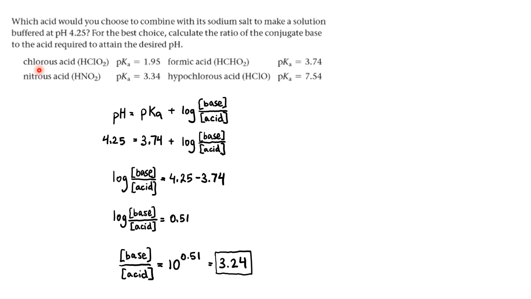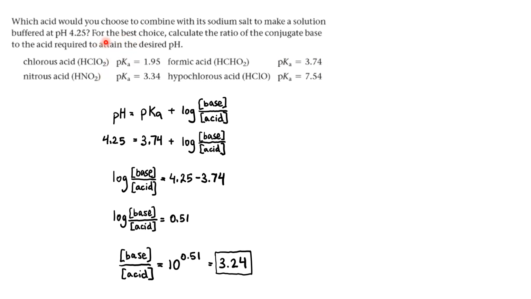And remember I told you guys you have these 4 acids listed with their pKa's. And this question is just asking you, which of these would you choose to make the most effective buffer? You would want something that's closer to the pH, which is this. Formic acid is the closest to 4.25 of all of these.